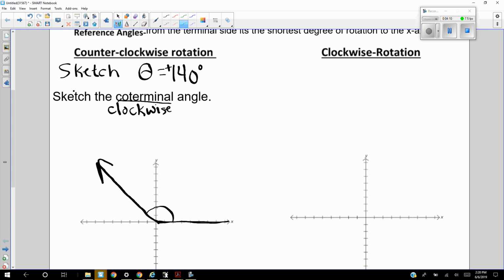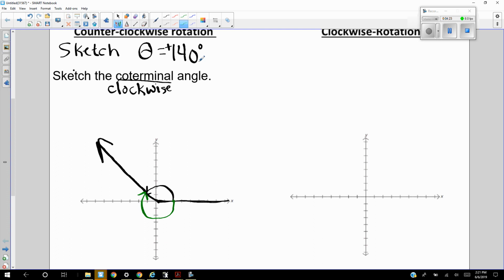Let's do this in a different color, but we're going to start here in the same place. Coterminal is just going to be coming from the opposite direction there. So then the question, what is the measure of that angle that we just marked off in green? Well, we know it's going to be a negative angle since we're going clockwise.